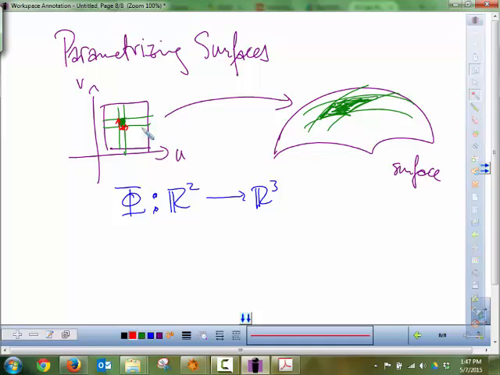What happens is that your U and your V, you can think about this as delta U and delta V business. And what happens is that these vectors over here that are coming from the UV plane get mapped into the surface over here as tangent vectors.